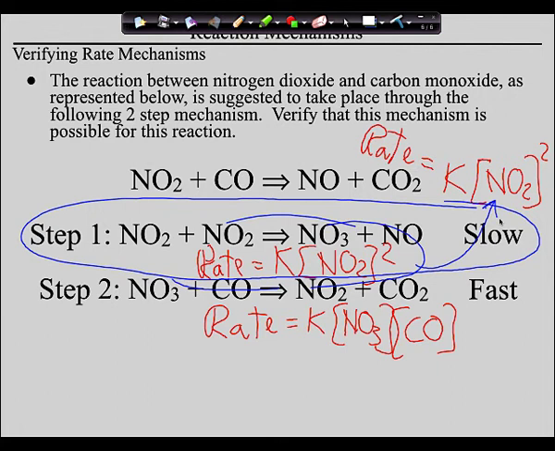Oh my gosh, they're the same. And so what does that tell you? The mechanism passed test number 2, and therefore this mechanism is at least valid or possible or probable. Doesn't mean it's right, we just know it's not wrong.